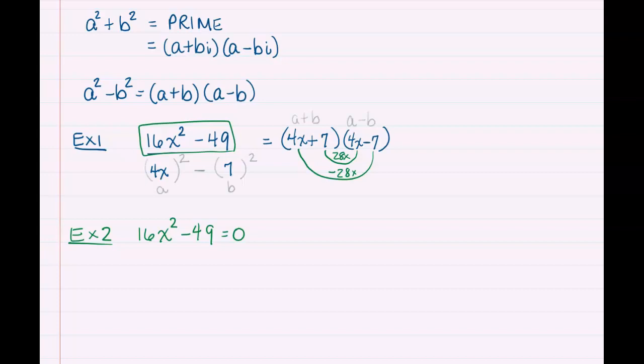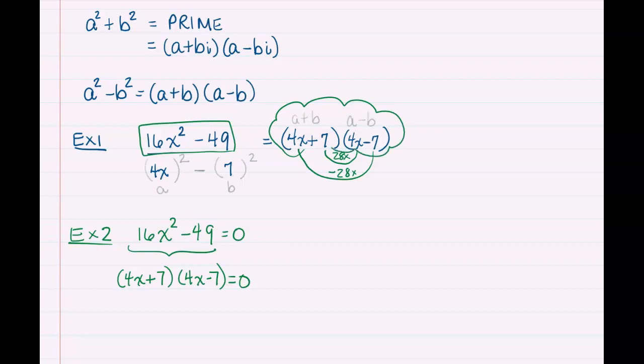So let's go ahead and factor. In fact, we already know the answers to our factored form. That's going to be 4x plus 7 times 4x minus 7. And it's still equal to 0. Notice we just use our factored form that we found up here.